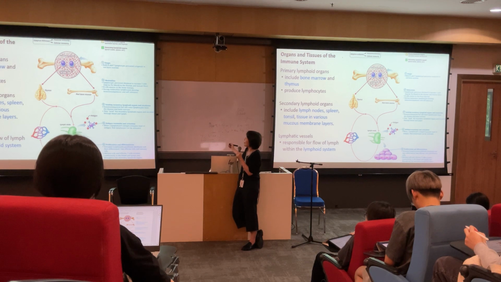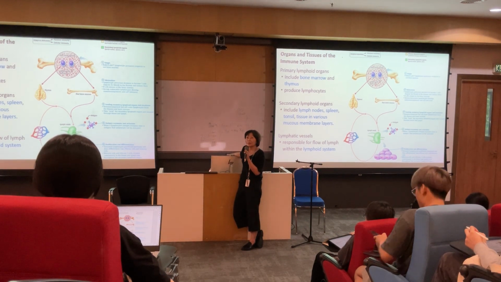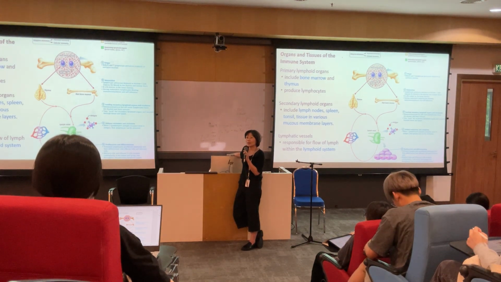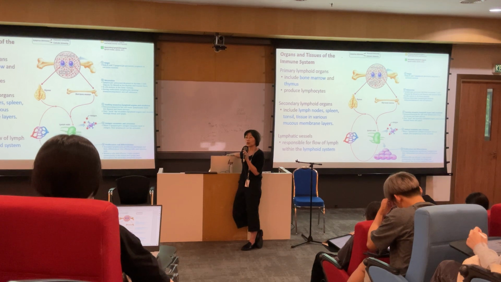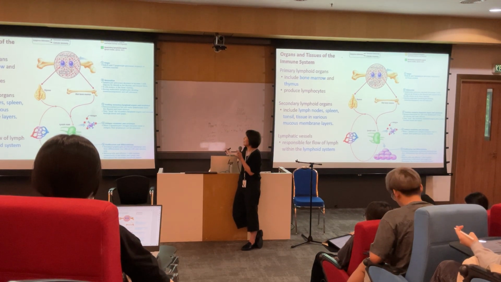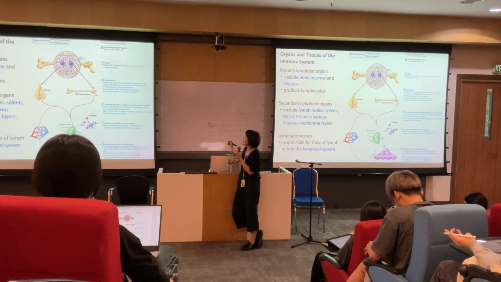Now, the hematopoietic stem cells, those stem cells that eventually differentiate into all different types of immune cells, originate from the bone marrow, right?